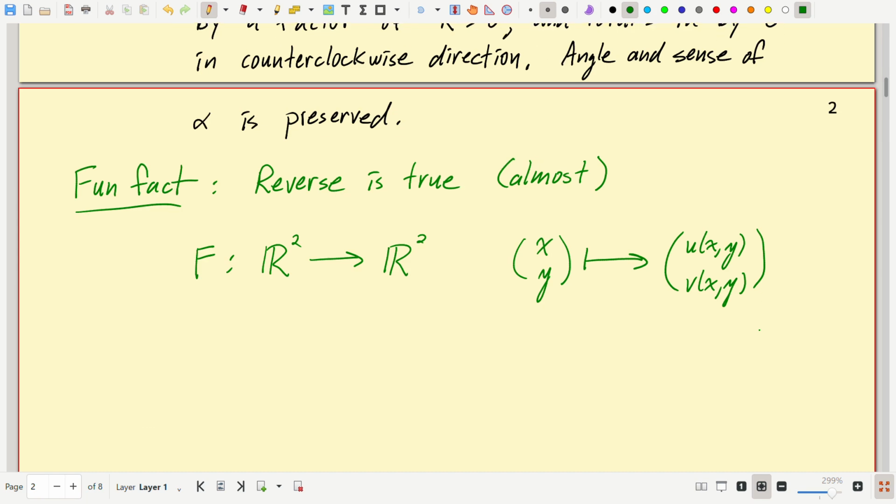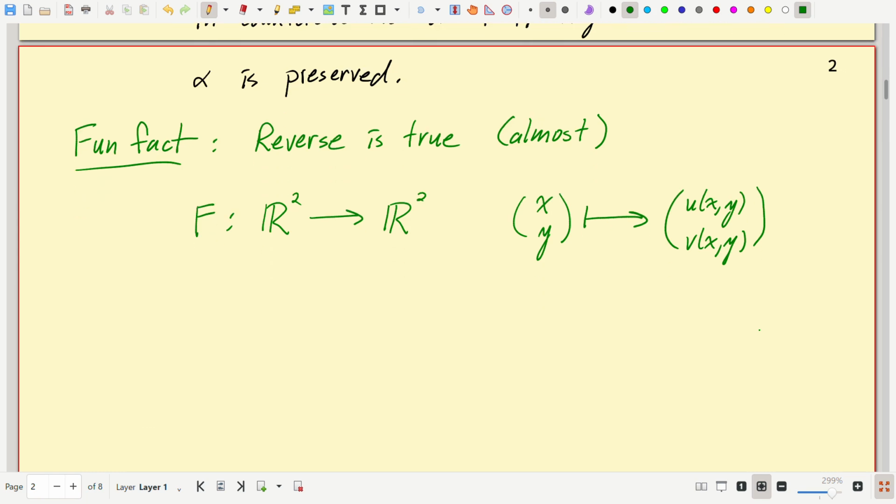Then we have the Jacobian matrix. From Math 261. The Jacobian matrix, I'll call it J, is the gradient of U in the first row and the gradient of V in the second row.